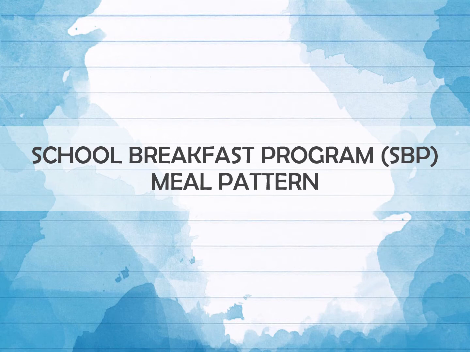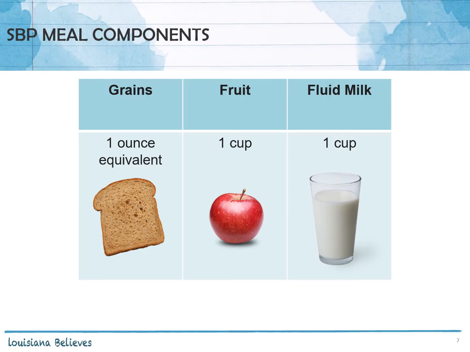Let's dive into the school breakfast meal pattern requirements. This slide provides an overview of the school breakfast pattern. Each breakfast must contain daily and weekly amounts of 3 components: grains, fruits, and milk.